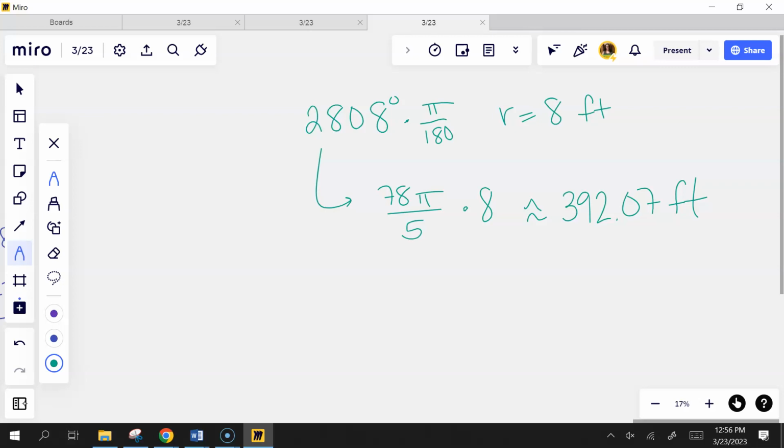Okay, how did I get 178? I converted my degrees to radians. Divide 2808 by 180 and then hit math. I was trying to get your guys focused on the math. It's on there somewhere. Let me see. I got that.